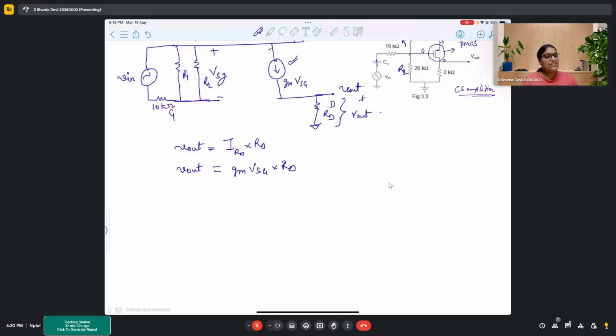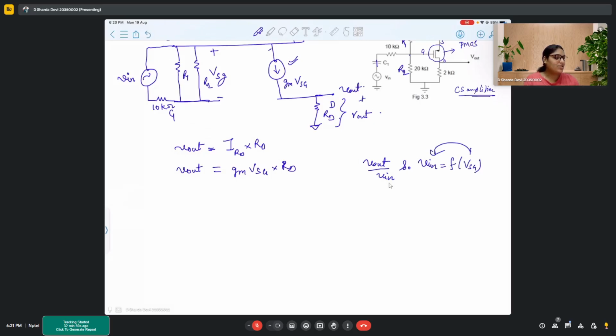So now V out is GM into VSG into RD. Now the question is, we want to find V out upon Vn. So Vn will come as a function of VSG or vice versa. So these two are functions of each other, right?